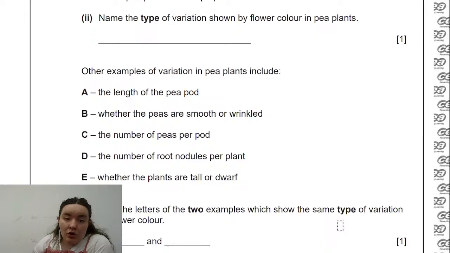Give the letters of the two examples which show the same type of variation as flower color. So this is going to be again a sort of physical characteristic. So it would be B for whether the peas are smooth or wrinkled, and also E, which is whether they are tall or dwarf.